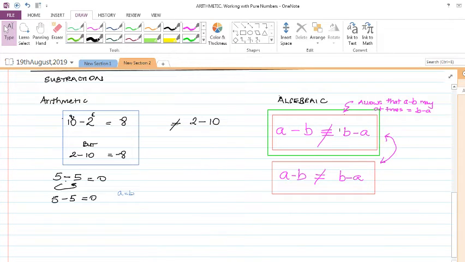So from the statement, this one here, in that statement we say subtraction is not commutative.